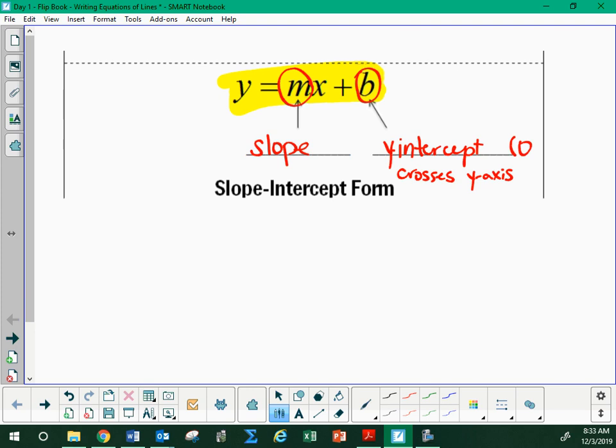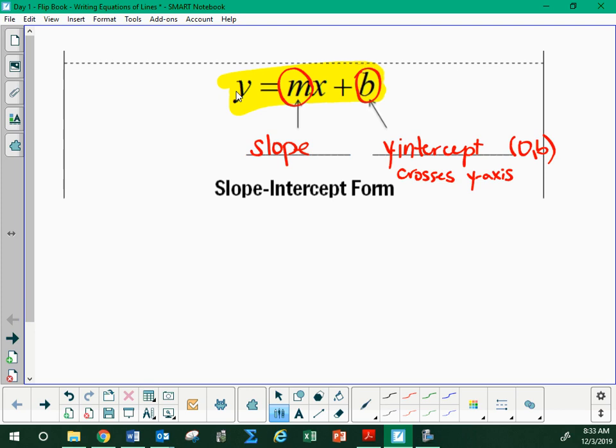So it's the point (0, b), whatever that b value is. Okay, so this is the equation that we're going to be trying to get it into the next couple days.